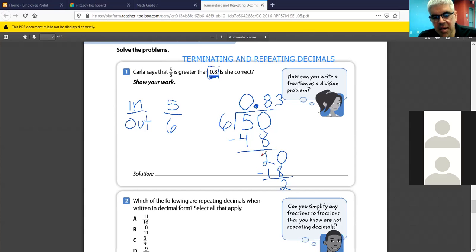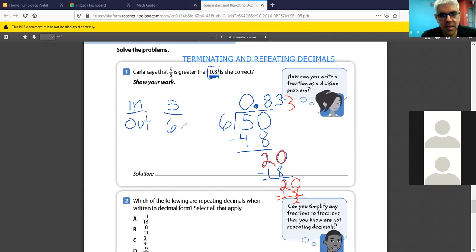I have a 2 here that I turn into a 20 by adding a 0. And so I have another 2 here, which I'm going to add a 0 to because they're free after a decimal point. So I have a 20 again. So this is going to repeat. I'm going to subtract 18, and I'm going to get 2 again, and so on and so forth.